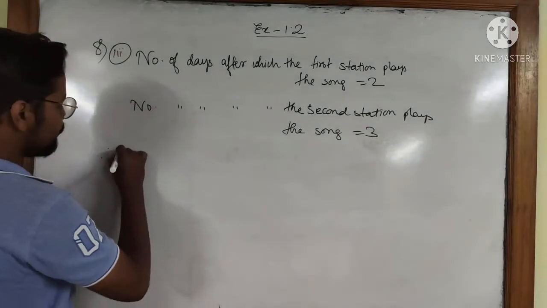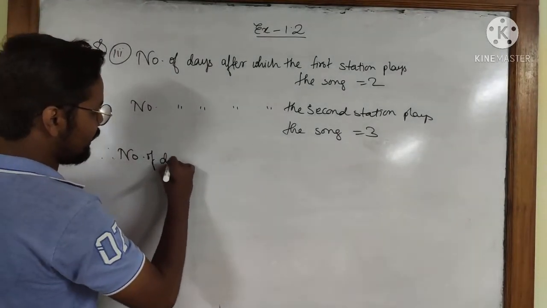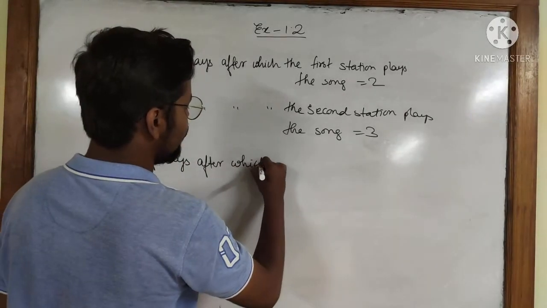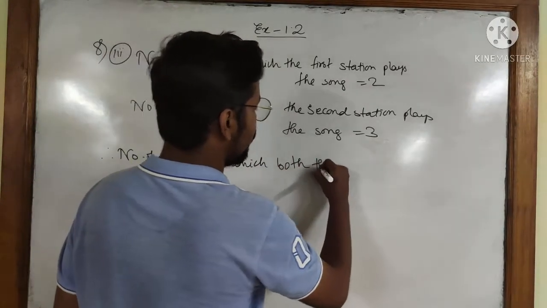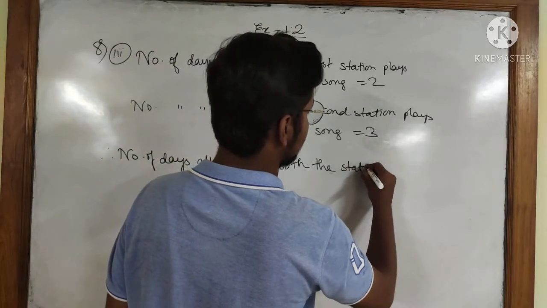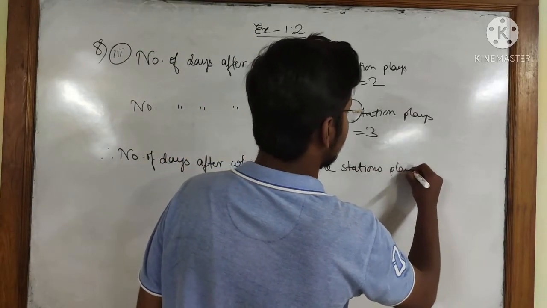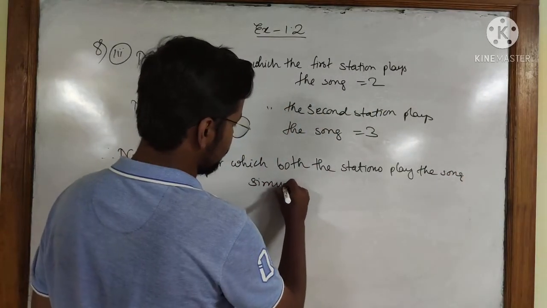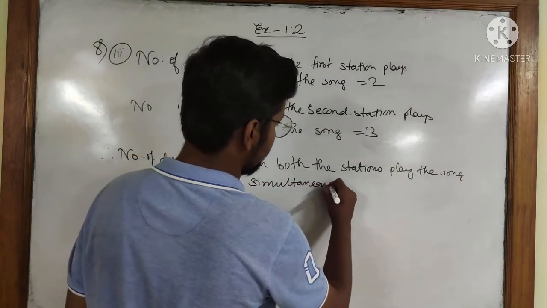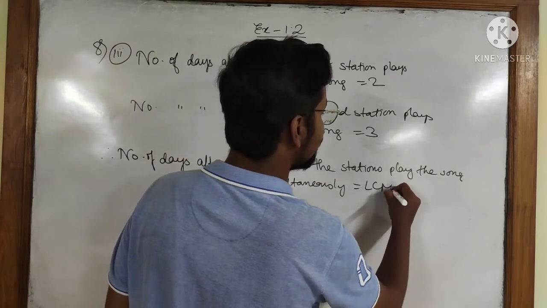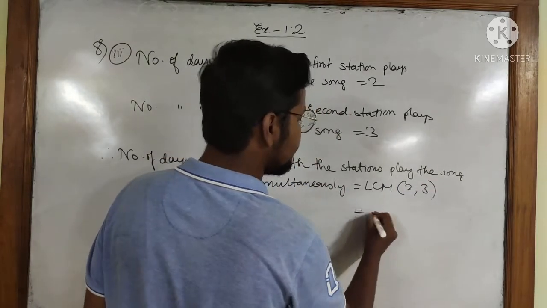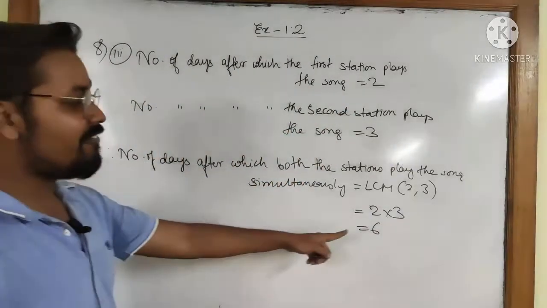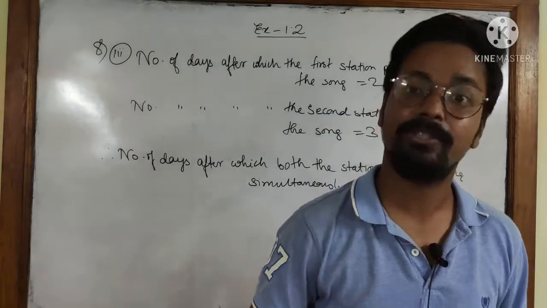So therefore number of days after which both the stations play the song simultaneously is equal to LCM of 2 and 3, and LCM of 2 and 3 is obviously 2 into 3, that is 6. So after every 6 days they play it simultaneously, means together.